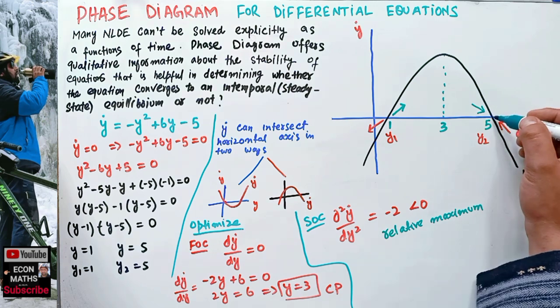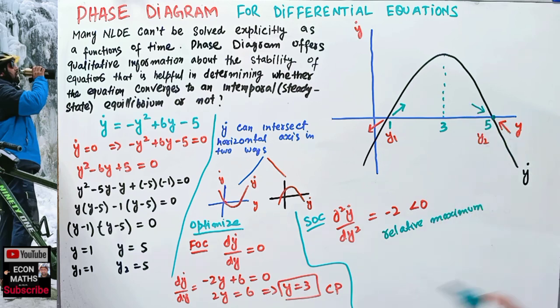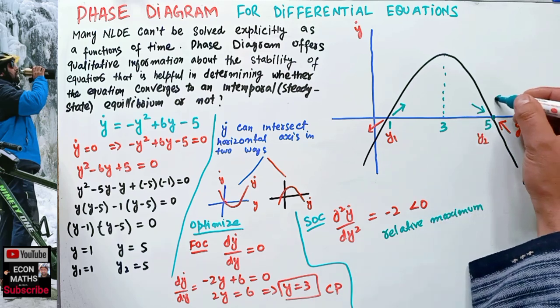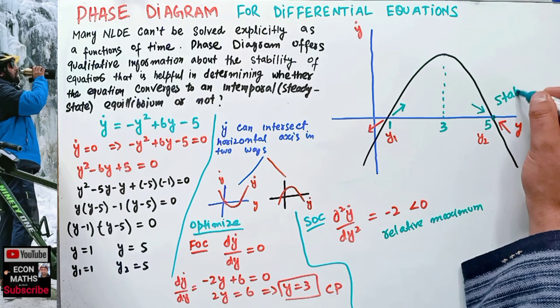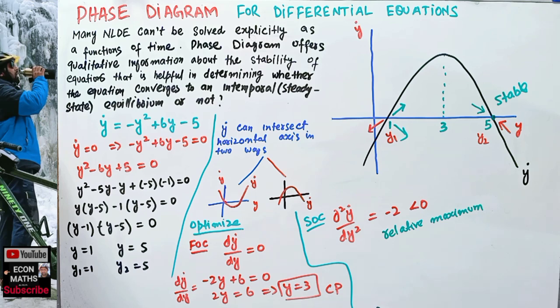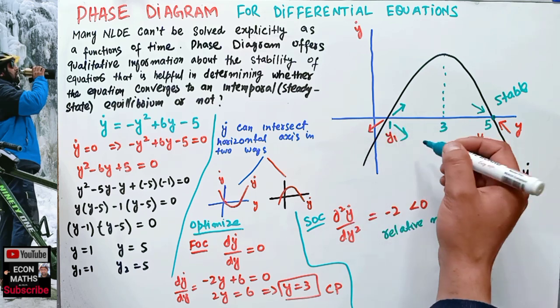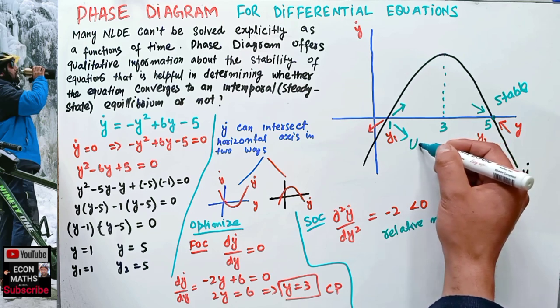At y2 the arrows of motion are pointing towards each other, so this point is stable, and y1, since the arrows of motion point away from each other, will be unstable.